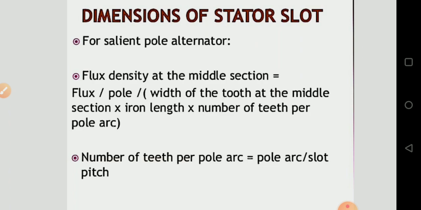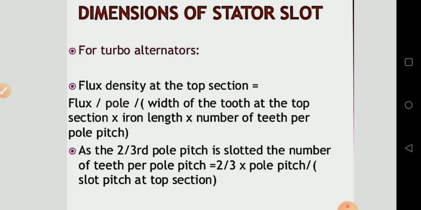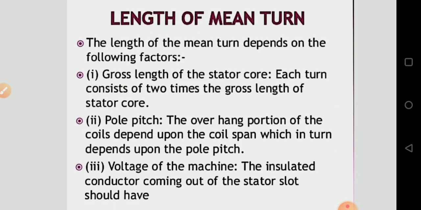For the turbo generator, flux density at the top section is flux per pole divided by the width of the tooth at the top section times iron length times number of teeth per pole pitch. These are the formulas for flux density calculation.